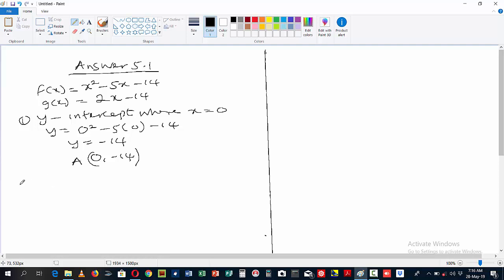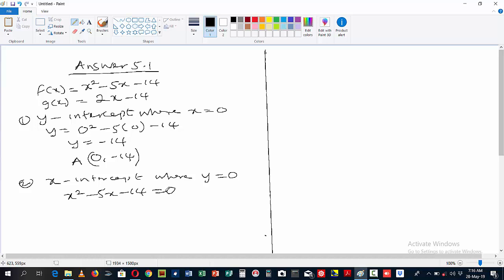The second step is the x-intercept, where y equal to 0. So which means anywhere you see y, let us put 0. We have x squared minus 5x minus 14 equal to 0.